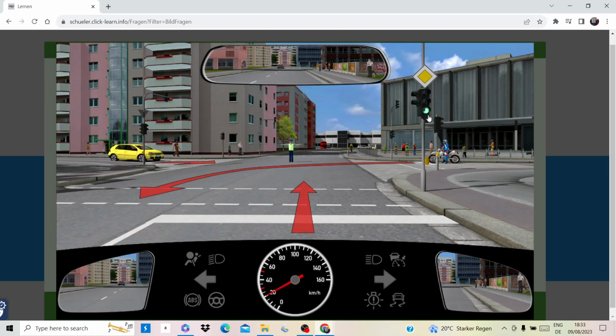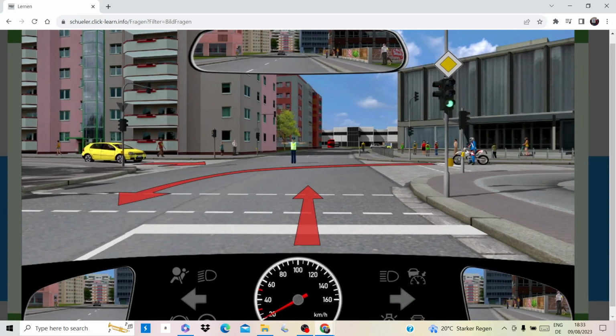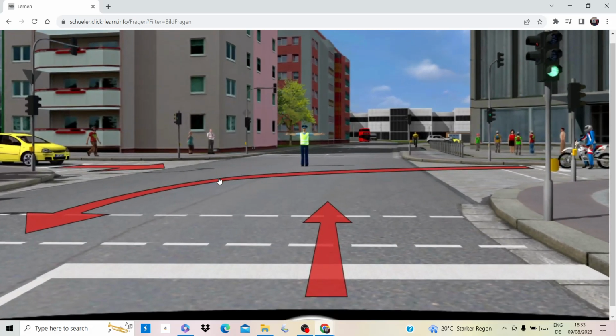So this traffic light, even though it is green, I'm not going to go, because the police officer has opened his arms. Look at it. His arms are stretched, and it means he's asking these vehicles to move. He's referring to this and the motorbike.